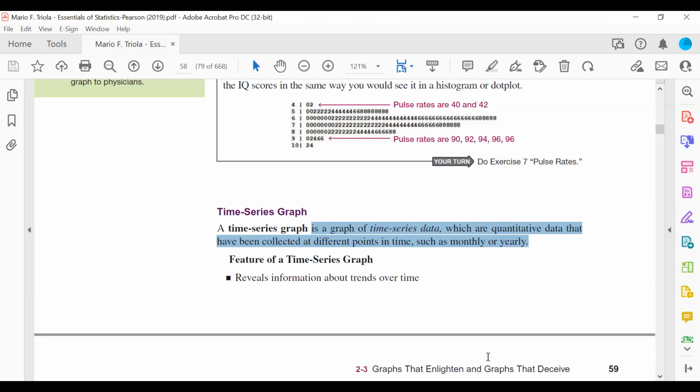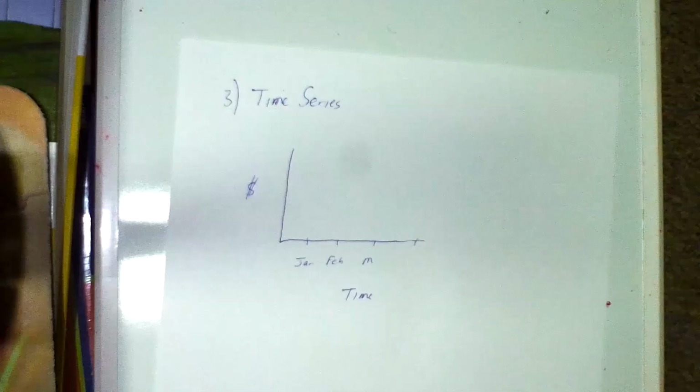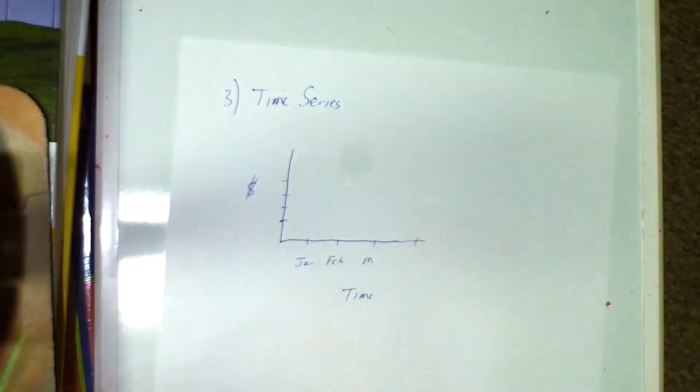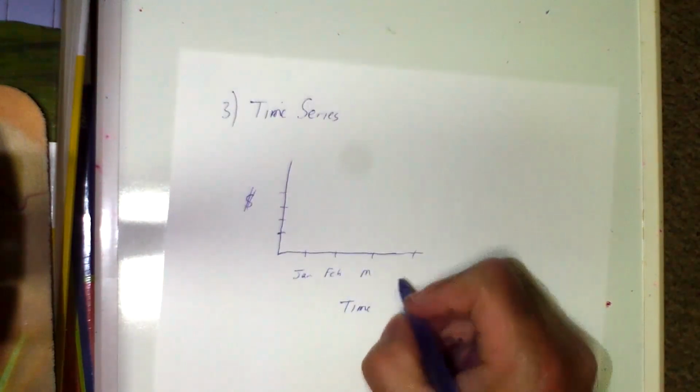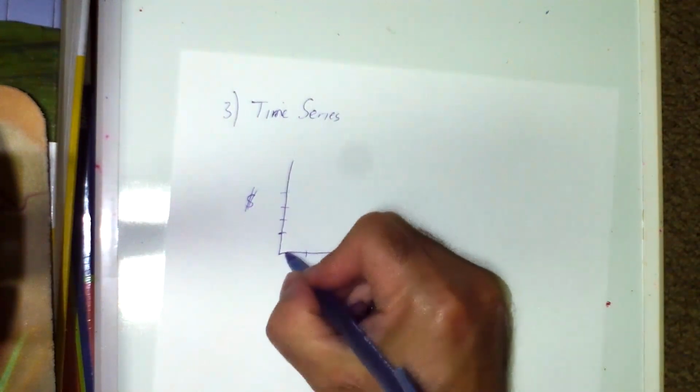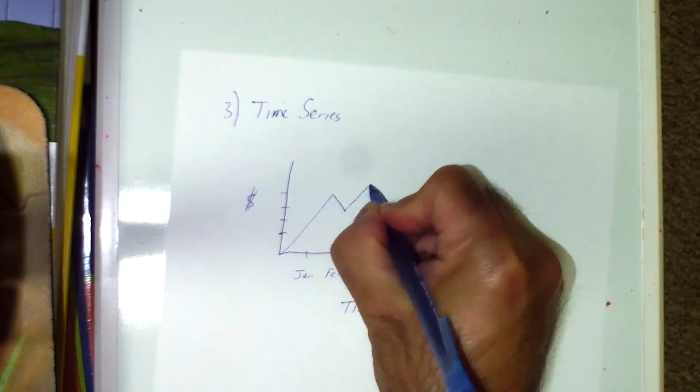So time will be the horizontal scale, and then the price would probably be the vertical scale. So that's how that would work. Okay, so there's January, February, March, and then of course you track your graph.